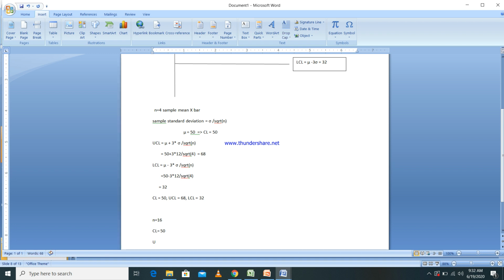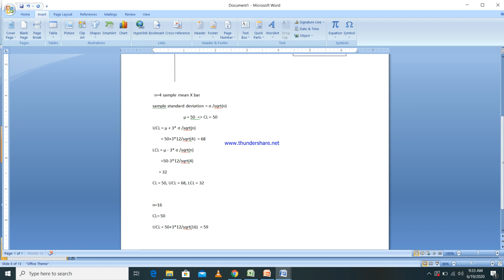And when you take the upper control limit, the mu value is 50, so 50 plus 3 into the sigma value, 12, divided by the square root of 16, that is 4. Right? So if you simplify this, you will find the value as 59.